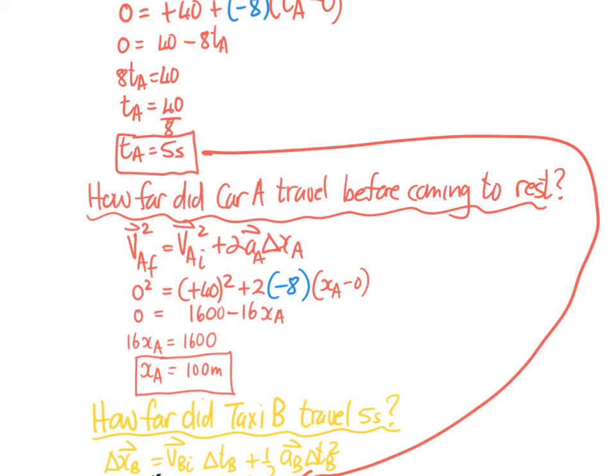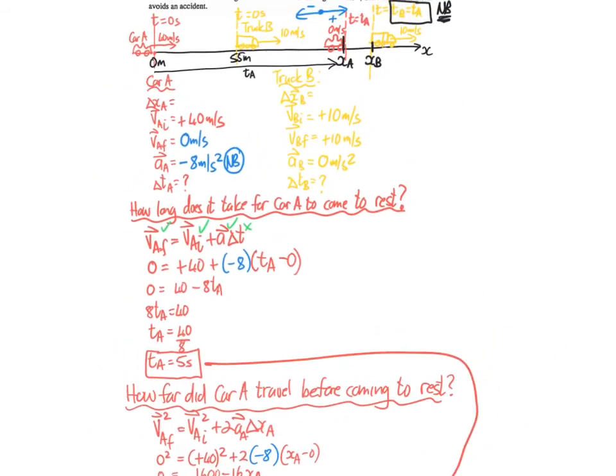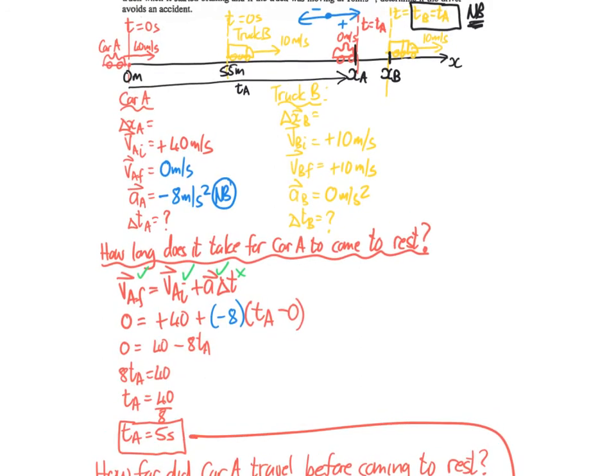Its change in position is wherever it comes to rest, xa, minus where it started off. So we see here that it started at 0 and it ended at xa, so that change in position is xa minus 0.